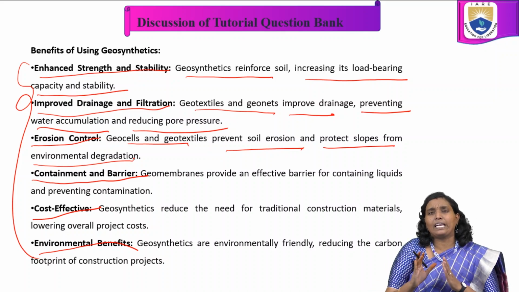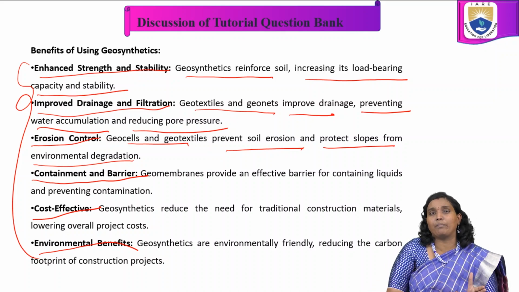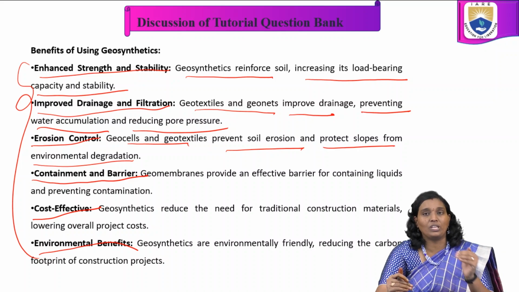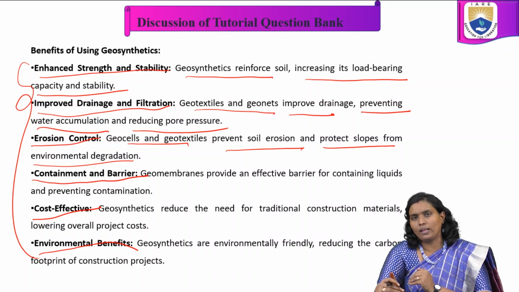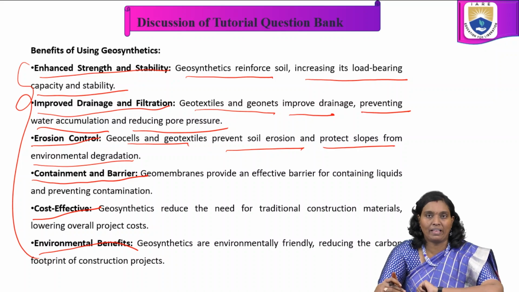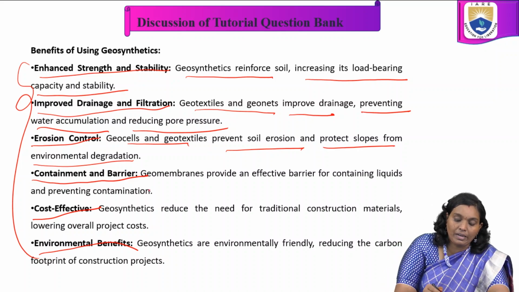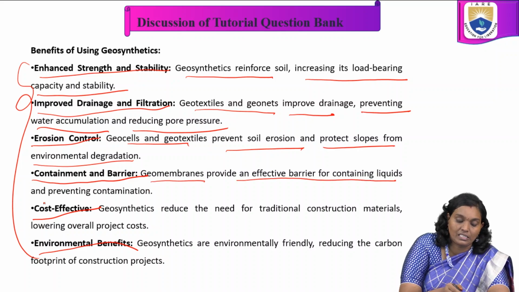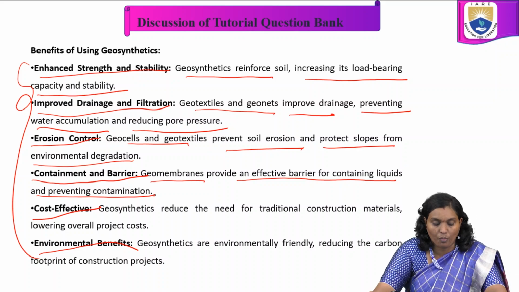The same kind of benefits we may get, but the choice of which type is suitable depends upon the soil parameters. So according to that, we choose the method. For containment and barriers, geomembranes provide an effective barrier for containing liquids and preventing contamination.